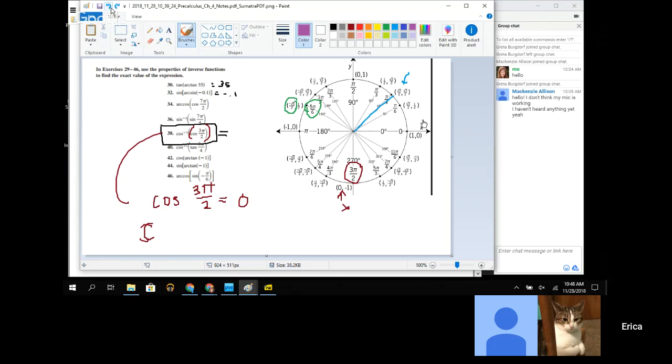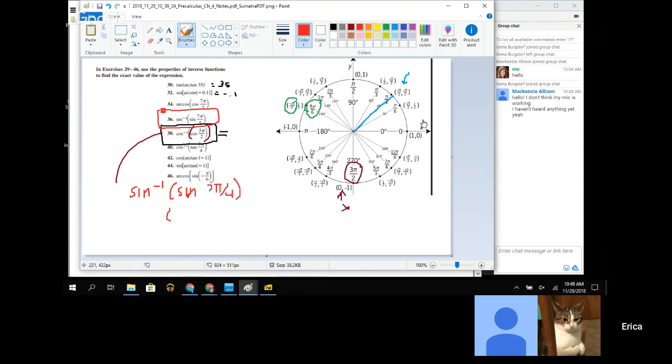Number 36 says the inverse sine of the sine of 7 pi over 4. So we have the inverse sine of the sine of 7 pi divided by 4.